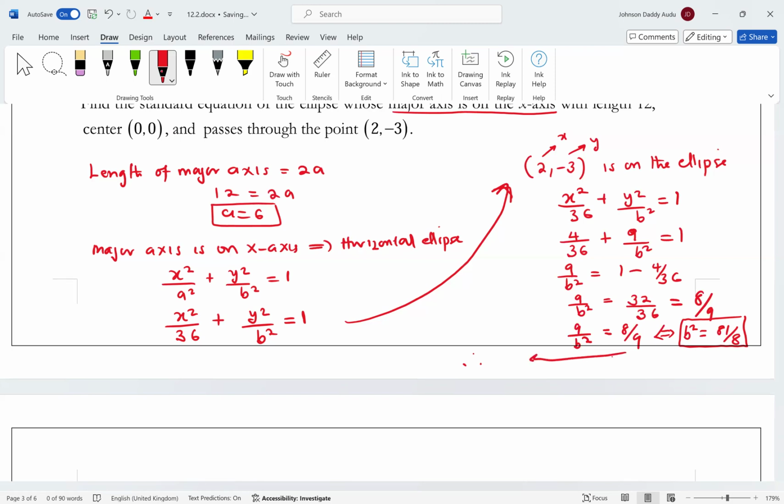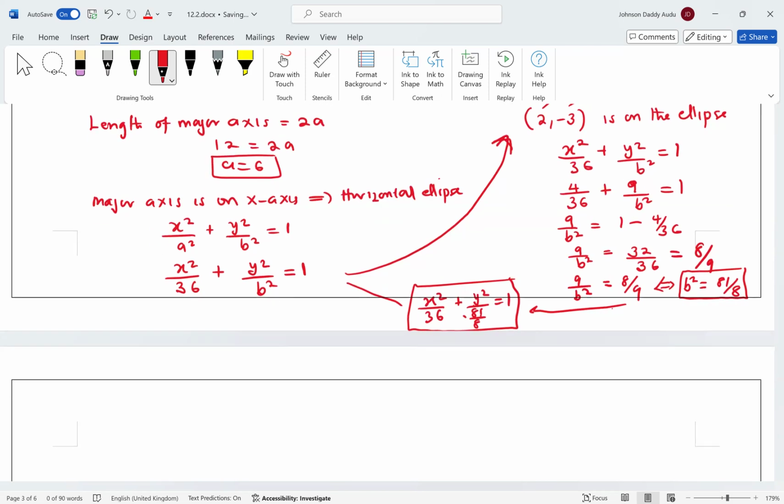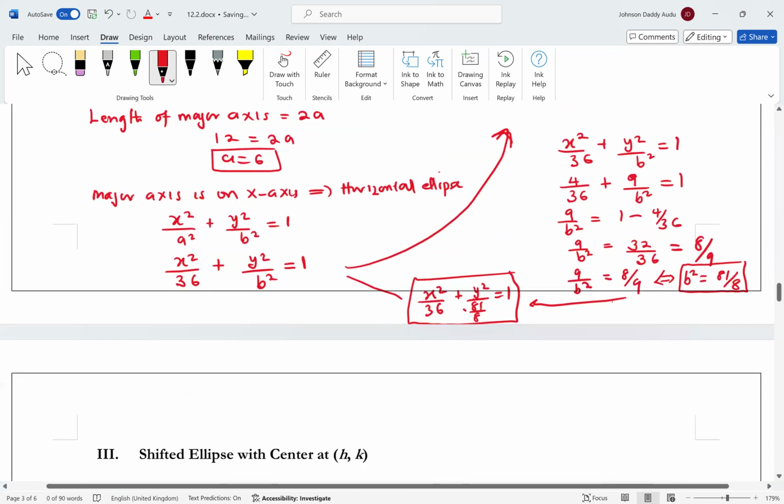So we will have x squared over 36 plus y squared over 81/8 equals 1. And that is it. You can take the 8 up so that you just have 8y squared over 81. So this is the equation of the ellipse.